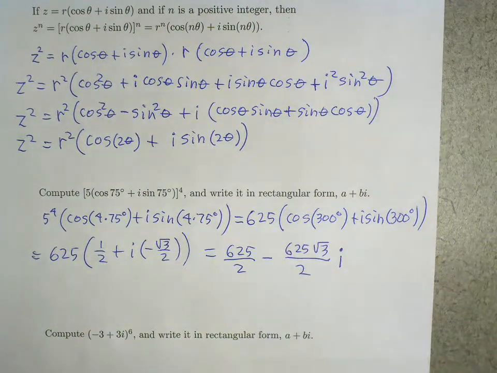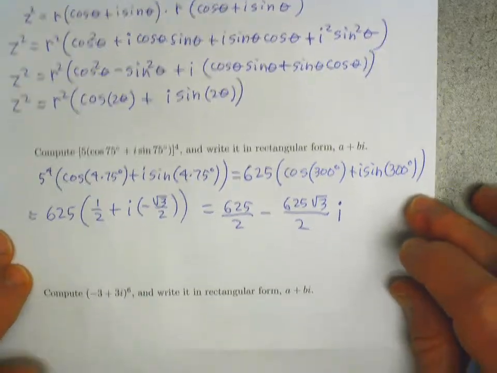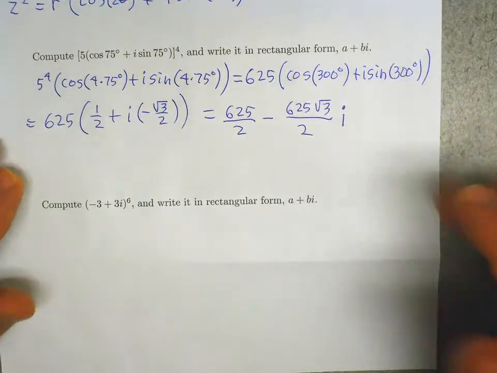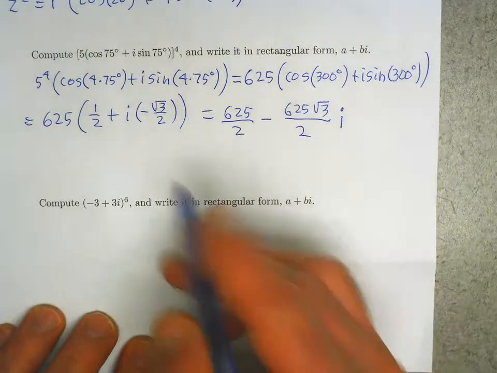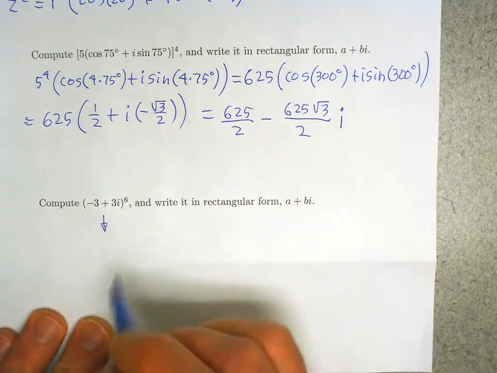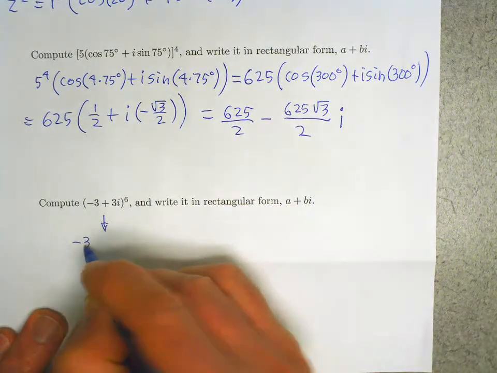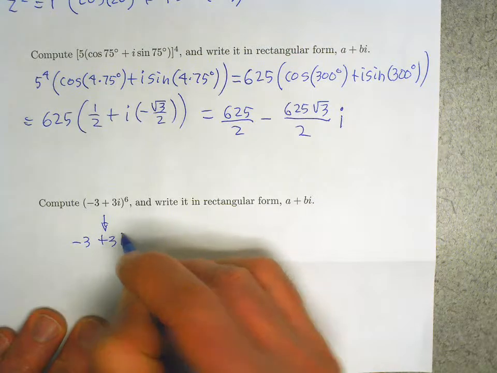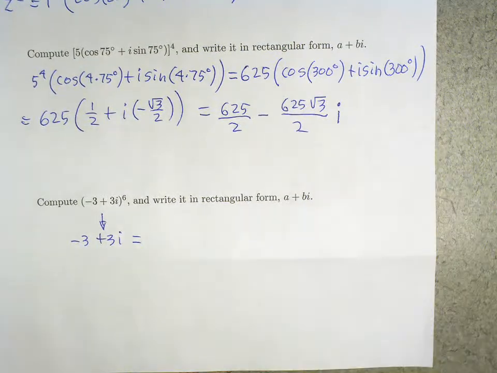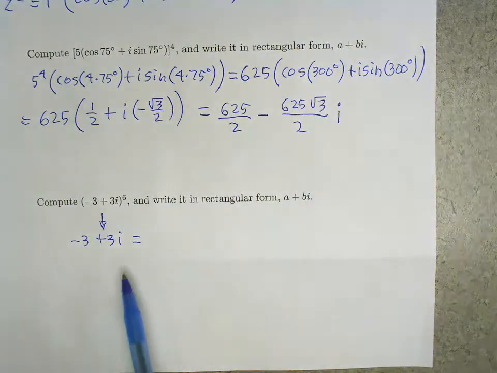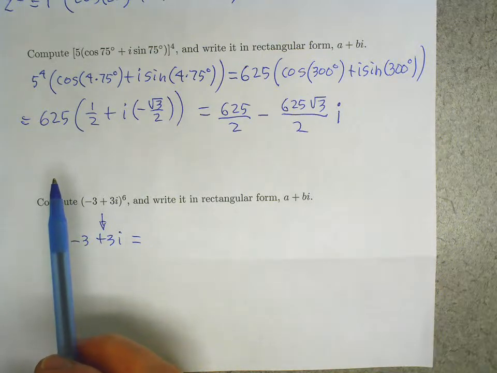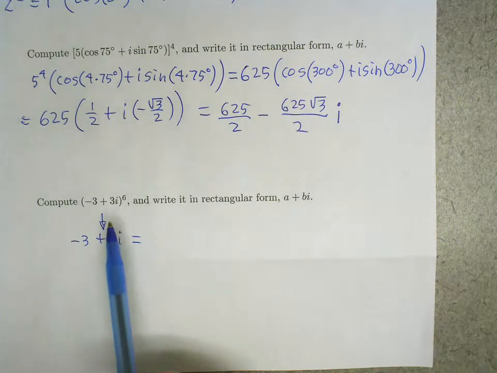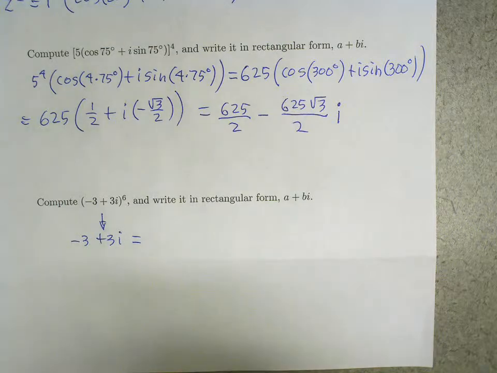Okay, we're about out of time. I'll just mention what you can do on this one. First, you can write -3 plus 3i in polar form. And this one isn't too hard to figure out. -3 plus 3i is in the 2nd quadrant, and the tangent of theta is -1.